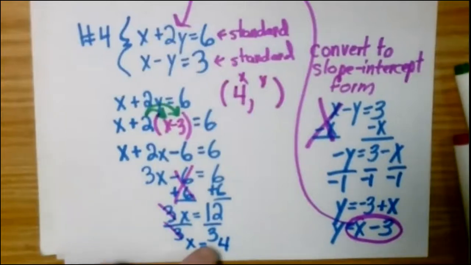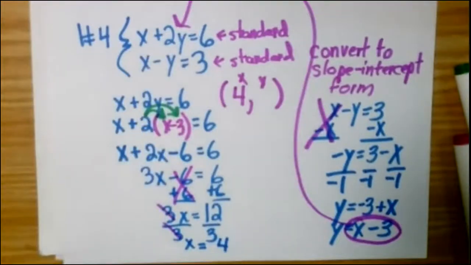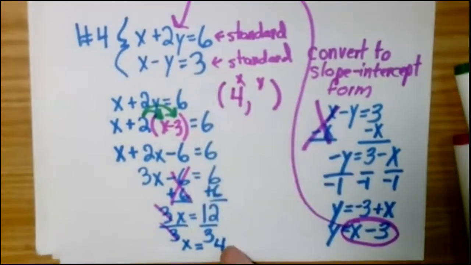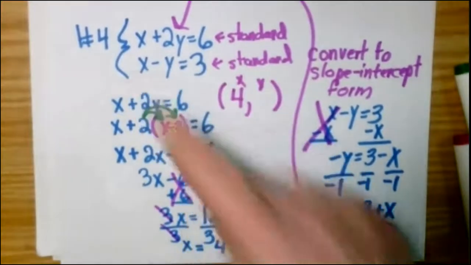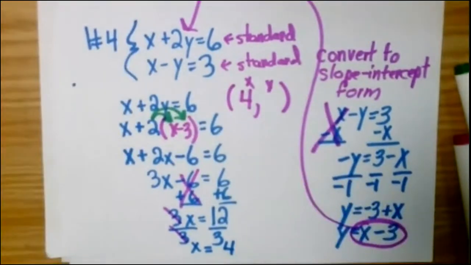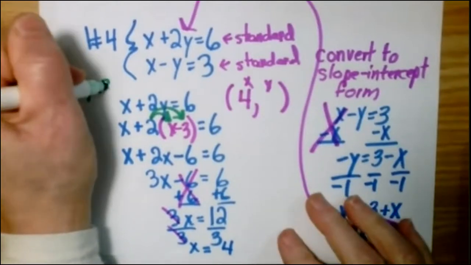Now we're going to take this 4 and plug it back into one of the equations up here. So I'm going to pick the easier equation. The easier equation to me looks like this one. So I'm going to put my x value in for x. Let me do that over on the left here. I'll use a different color. I'll use green. x minus y equals 3.